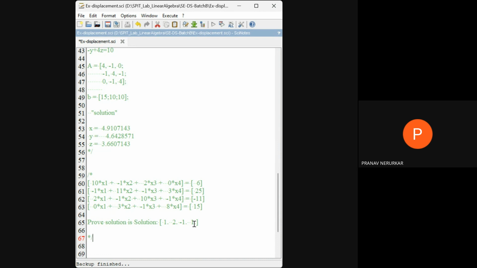By substituting in this equation, you should get left hand side equal to right hand side. Both should be same.